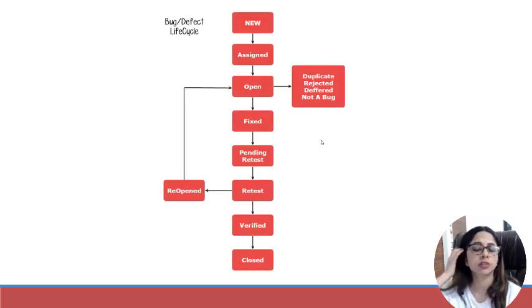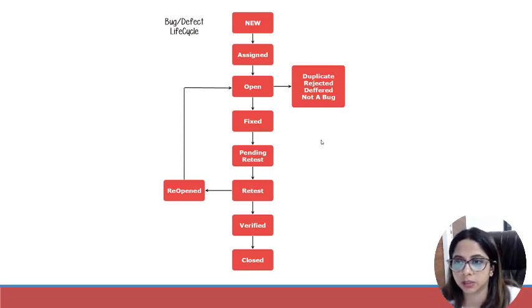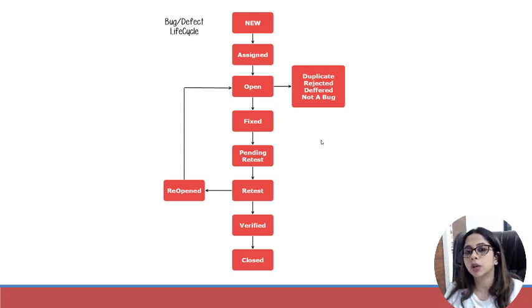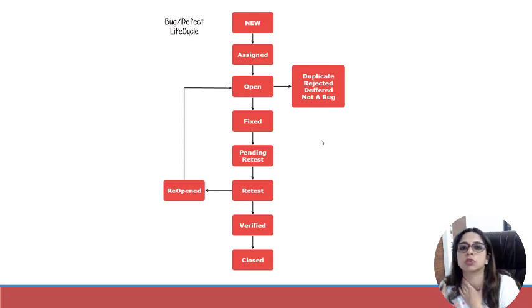Now here we go. This is a very, very important diagram and needs to be understood well. First you get a defect in any build. Imagine you are testing an e-commerce application, and when you were trying to add a product to the cart, the available inventory was showing only 5.